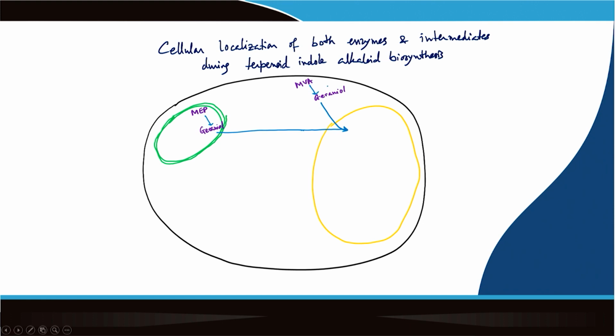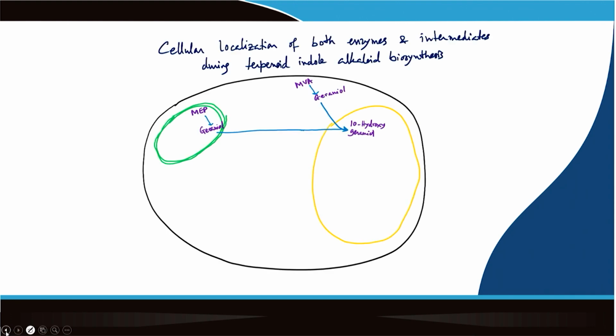So, this geraniol will be converted into 10-hydroxygeraniol by the enzyme geraniol 10-hydroxylase, which I will put in brown color.